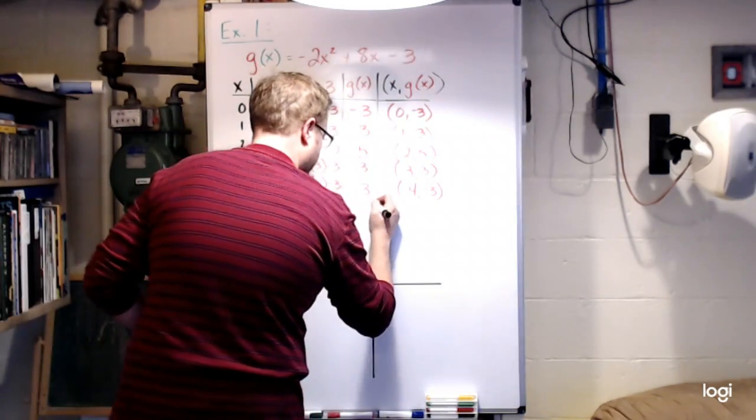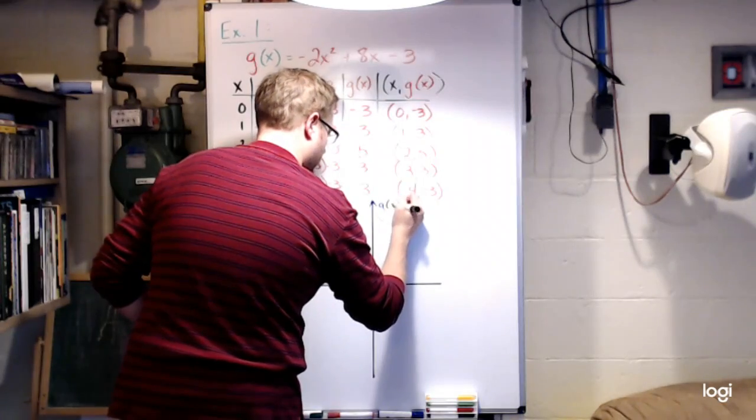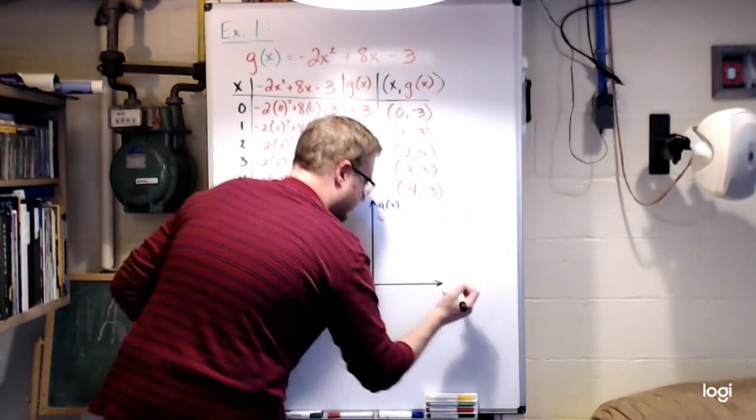Draw my axes. G of x is up here. X is down here.